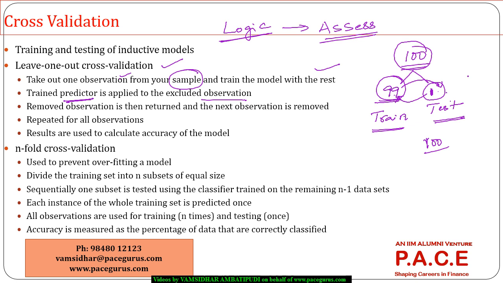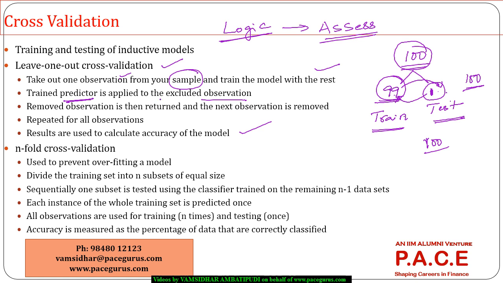Based on these 100 results, in each of these 100 situations, we get a classification, showing which class is most appropriate for a particular data point. Based on that, the model assessment is done. That kind of assessment is called leave one out cross validation. This is very appropriate, especially when you have a very small sample size.